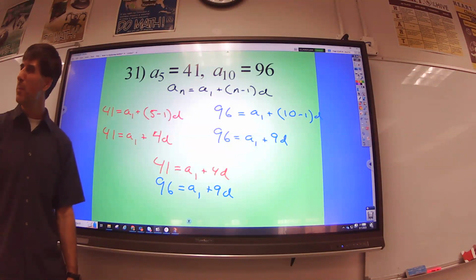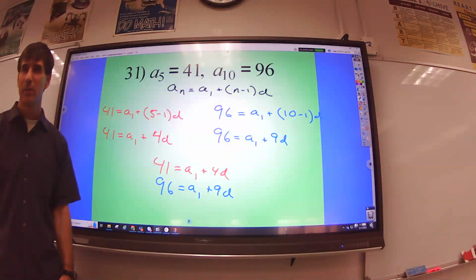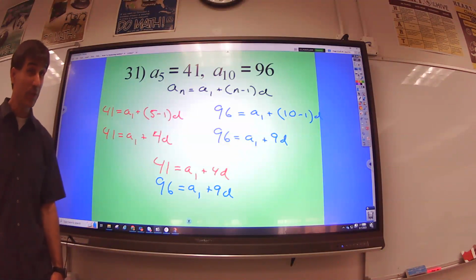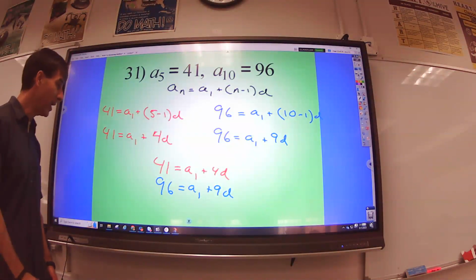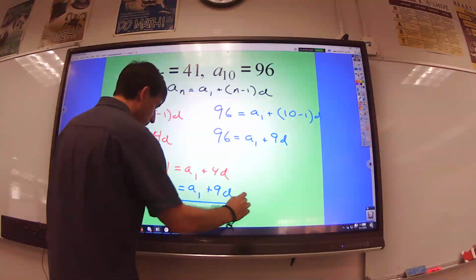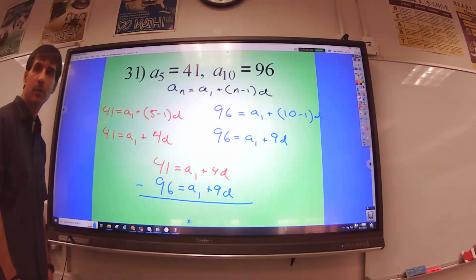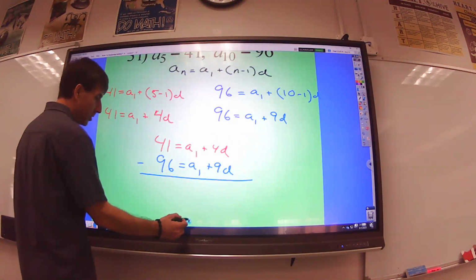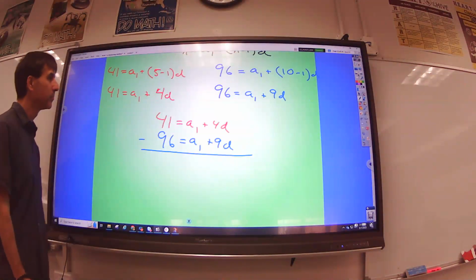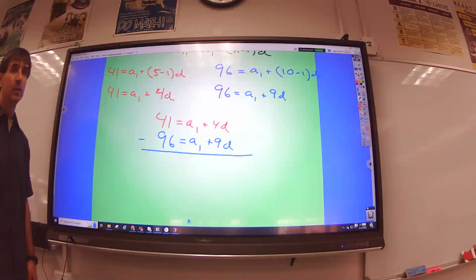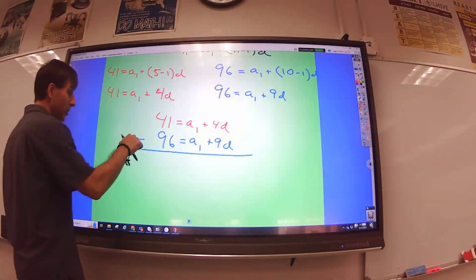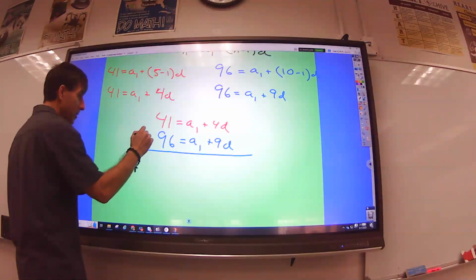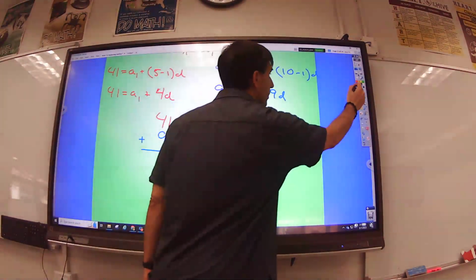Do you guys remember the elimination method in solving a system of equations? We did this at the very beginning of the quarter. But here's what you do. You subtract them. Now, so you don't make mistakes, I'm going to change this to plus and flip the signs.